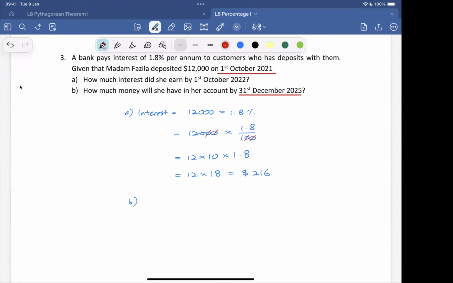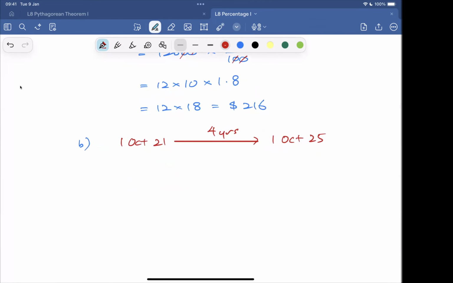From 1st of October, 2021 until 1st of October, 2025, how many years is that? 4. Correct.